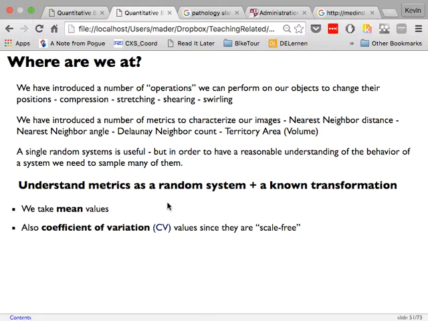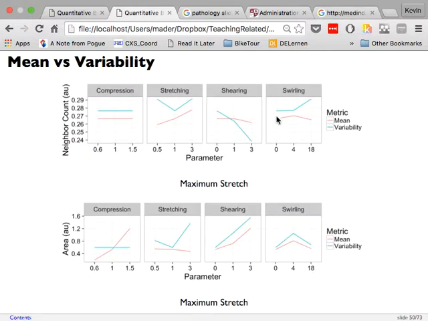You can also take this coefficient of variation. That was looking at the variability, where you take the value and divide by the mean to see how much that changes. And if the variability goes up, as you have in a system like stretching, then you can identify that if the variability is increasing, there's some sort of nonlinear distribution change going on.